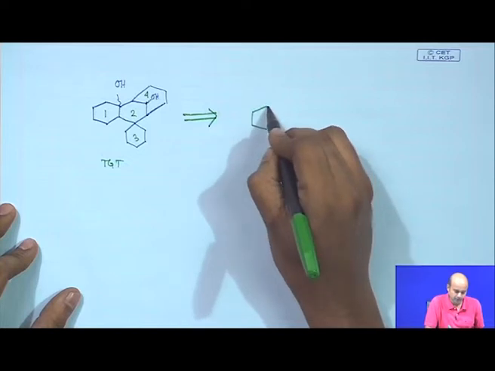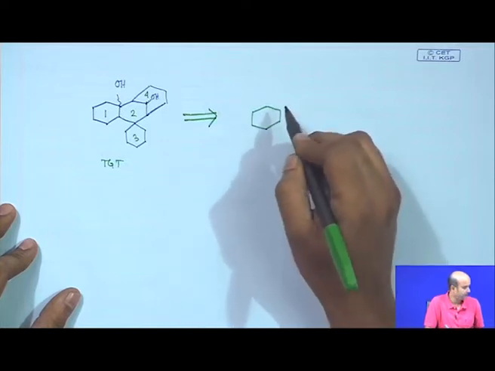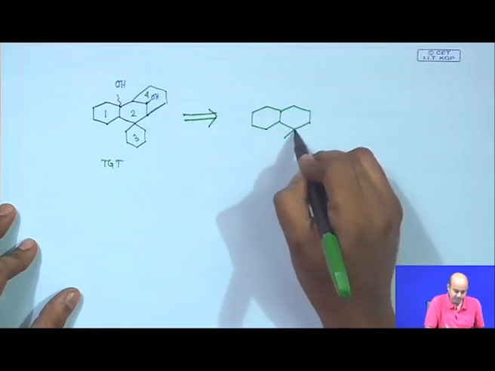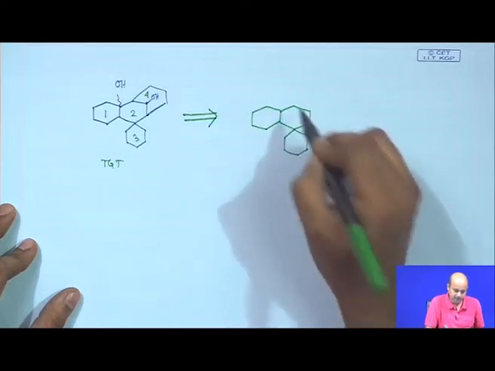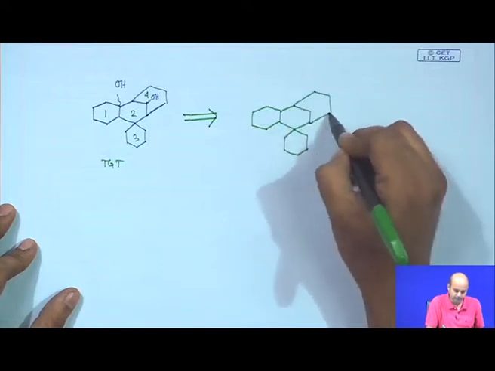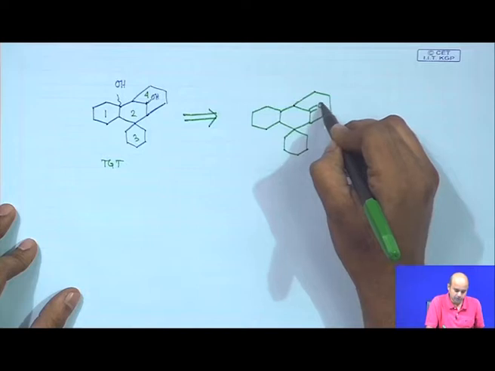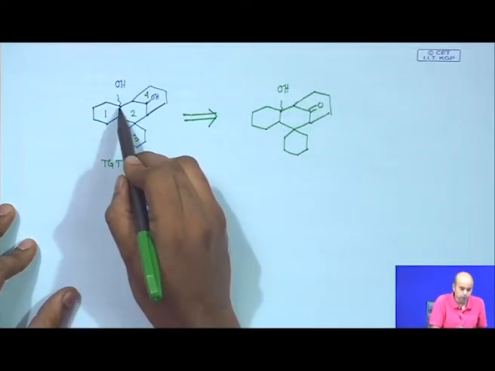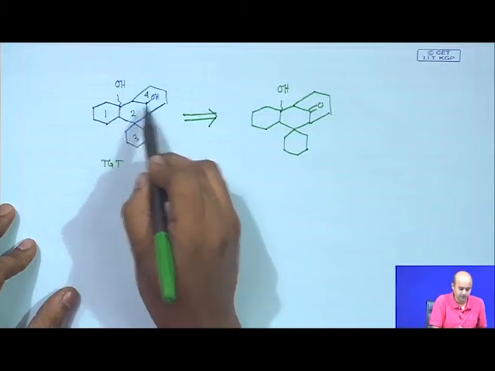So, first retro, what I am doing here, by keeping everything the same, I will just do a simple keto reduction, because out of these 2 hydroxy, this is tertiary and this is secondary.